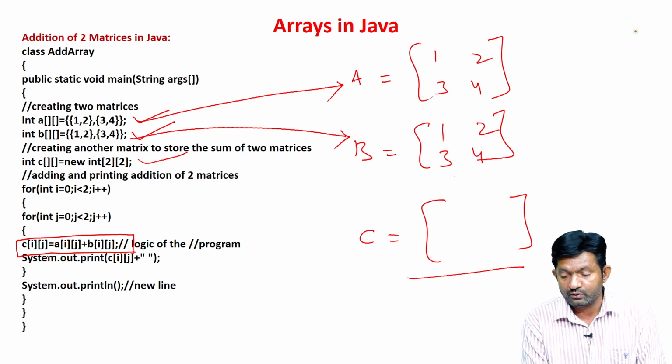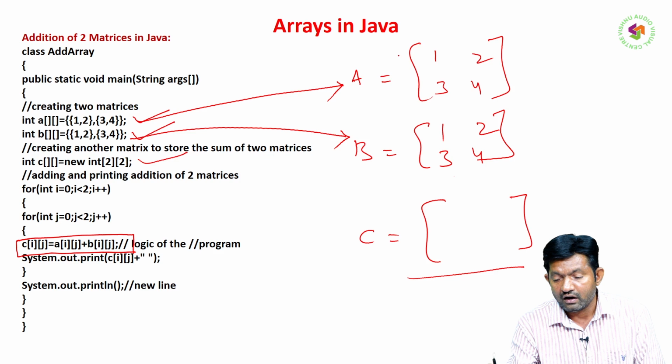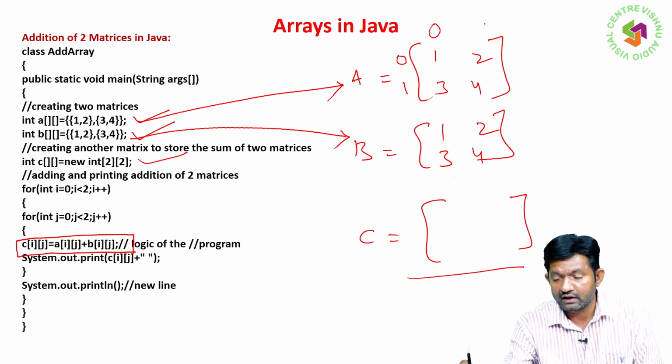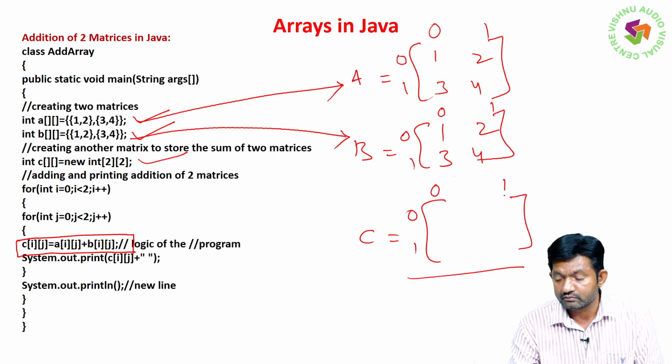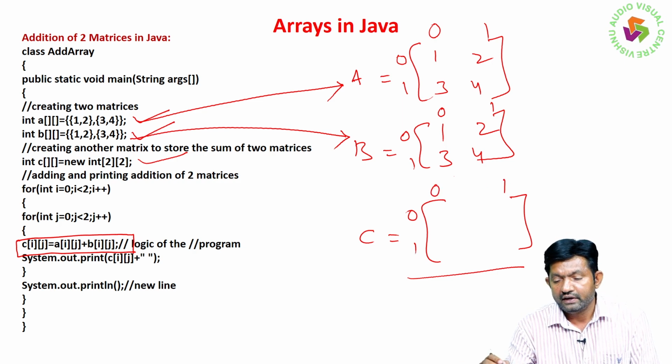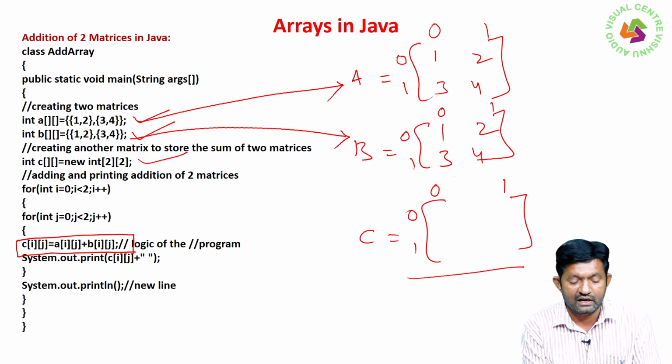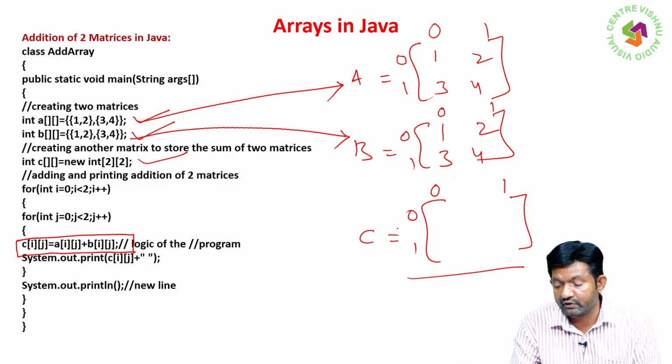C[i][j] means ith row, jth column. A of 0, 0, C of 0, 0. First of all, we have to calculate C of 0, 0.